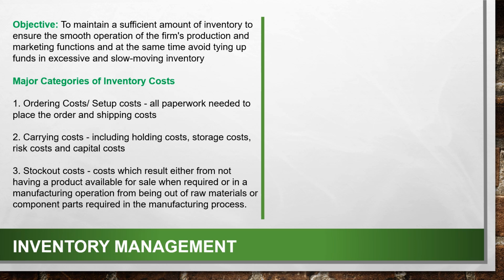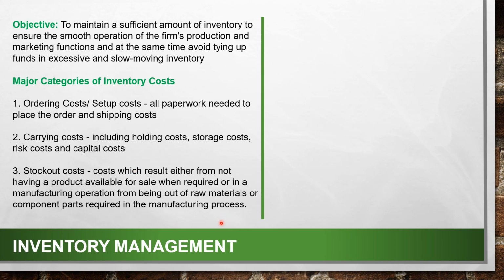Okay, so these are the major categories of inventory cost. First, we have the ordering cost, or the setup cost. These are all the paperwork needed to place the order and the shipping cost. Second is the carrying cost. This includes holding cost, storage cost, risk cost, and capital cost.